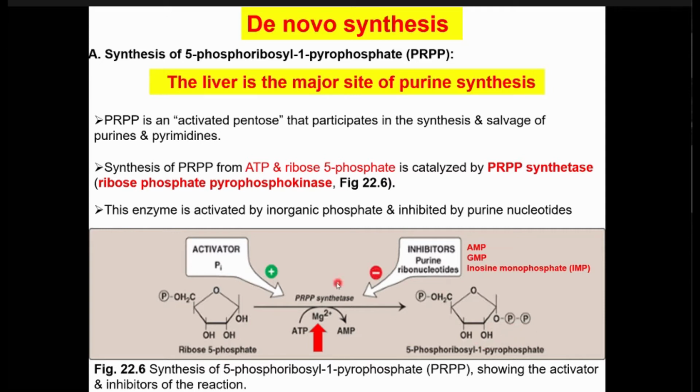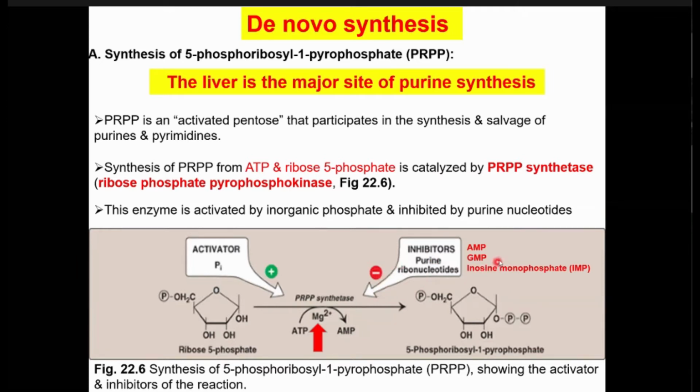What activates this enzyme is the inorganic phosphate, and what inhibits it are what we call the end products of the purine synthesis, which are adenosine monophosphate, guanosine monophosphate, and a very important compound, inosine monophosphate. It's very clear, because if you have a lot of nucleotide, then you don't want to synthesize, you need to inhibit.